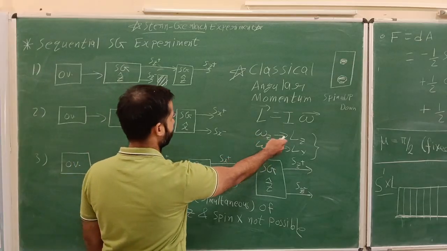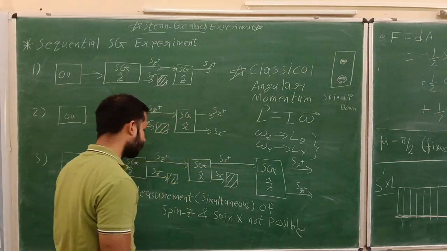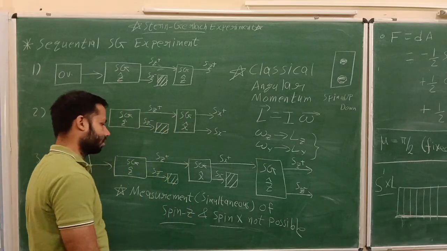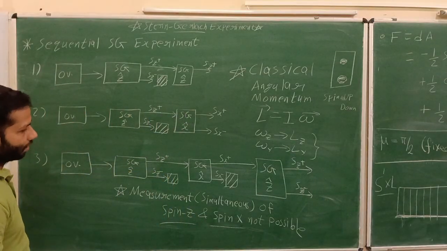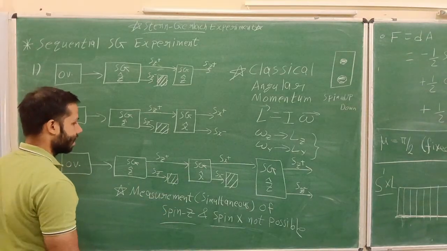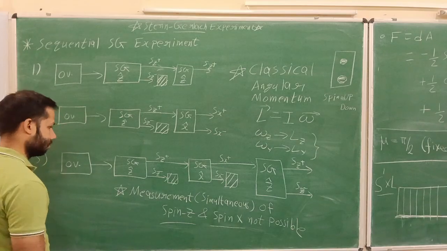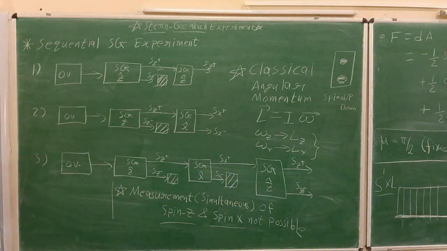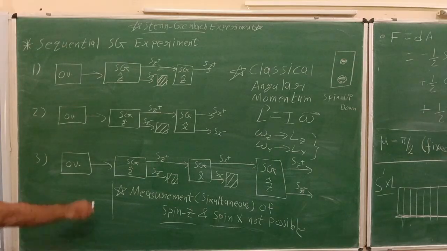If I know omega z, I know Lz, and so on. But there is an issue here. There is a different kind of angular momentum which does not allow me to do such a thing as in classical mechanics. So this was one of the most important results of the sequential Stern-Gerlach experiment.